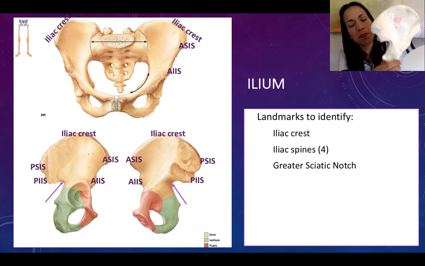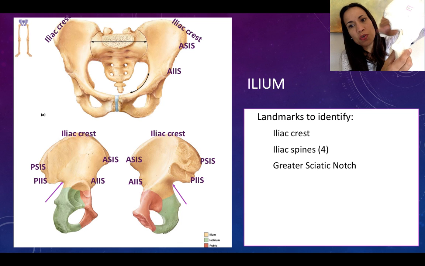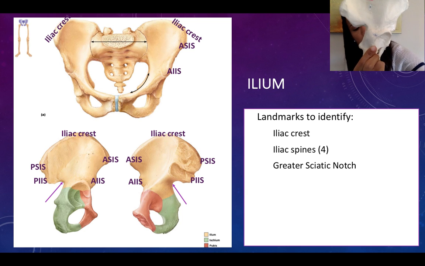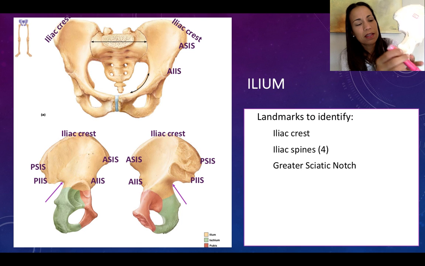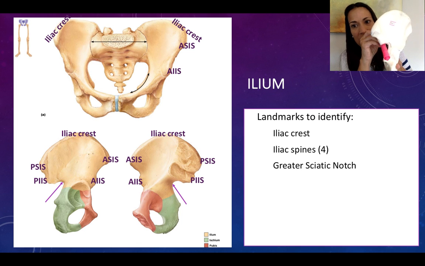Now, when you are right here in the posterior and inferior iliac spine, you see a notch. Can you see it? This is the greater sciatic notch. It's a notch that lets the sciatic nerve pass through.